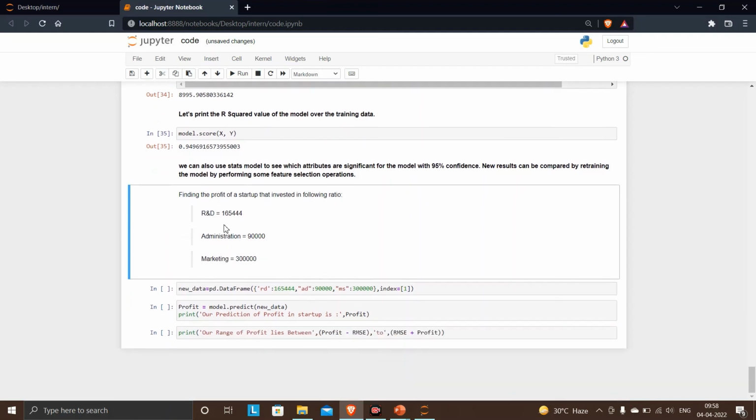I have used this data for prediction of my model for finding the profit of a startup that invested in the following ratio. Its research and development is 165,444, administration 90,000, and marketing 3 lakhs.